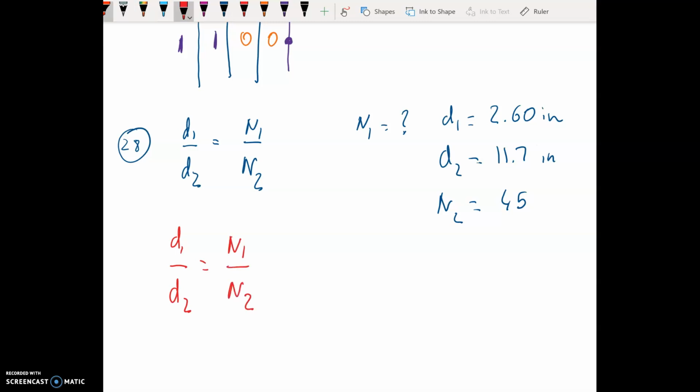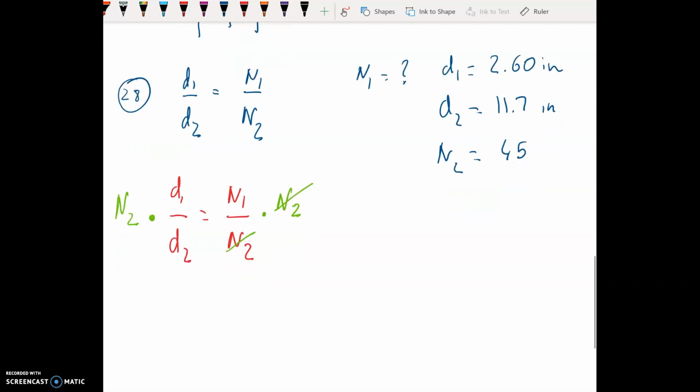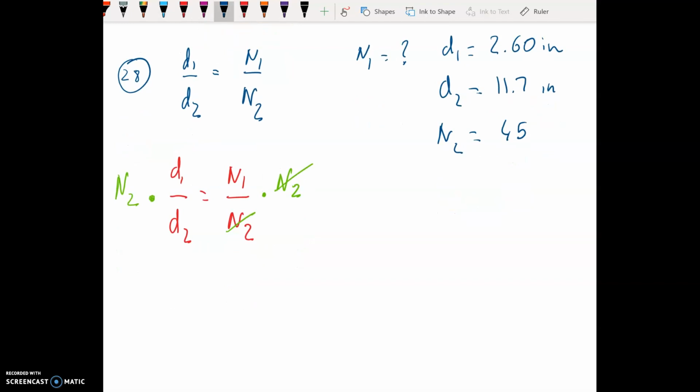Because N2 is on my denominator, the only way to get rid of N2 is to multiply by N2 to be able to divide out the N2. Because I multiply by N2 on the right side of my equation, I must multiply by N2 on the left side of my equation. Now N1 is equal to N2 multiplied by D1 over D2.